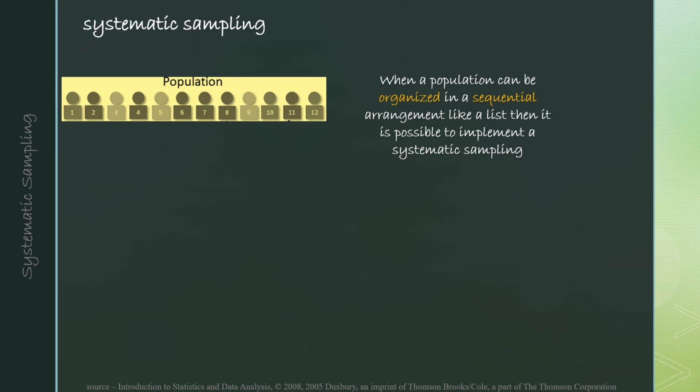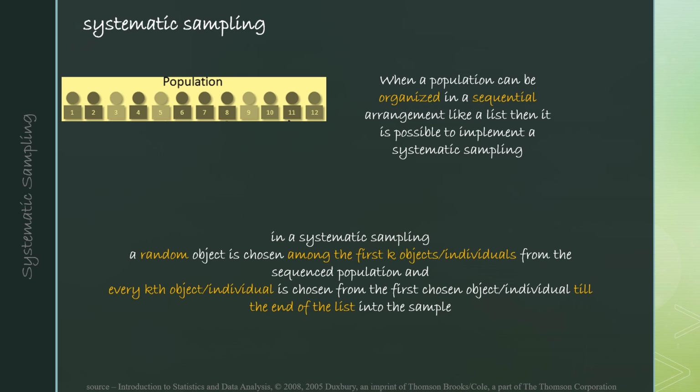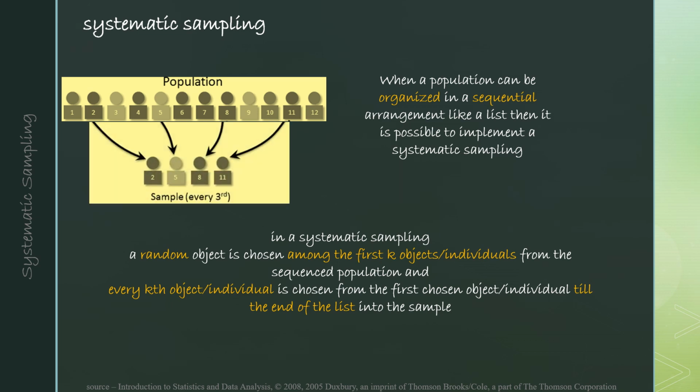Systematic sampling. When a population can be organized in a sequential arrangement like a list, then it is possible to implement systematic sampling. In systematic sampling, a random object is chosen among the first k objects or individuals from the sequenced population, and every kth object or individual after the first chosen one is chosen until the end of the list into the sample.